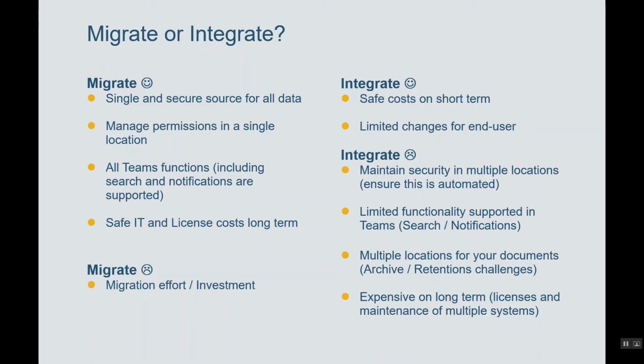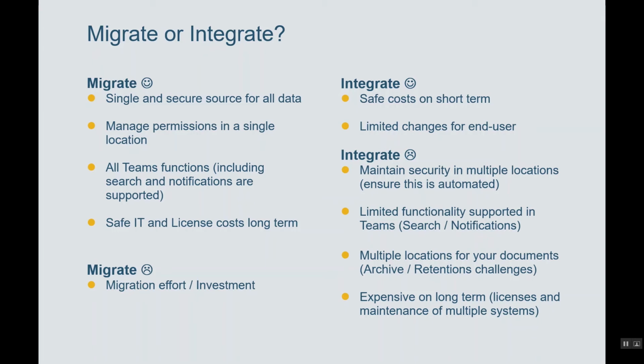Some of the functionality in Teams is limited. For example, the search functionality or the notifications do not apply to any integration, but they only apply to native Teams functionalities. Multiple locations of your documents. Of course, if you have two systems, like the team and a separate document management system, you need to consider everything around archiving and retention.